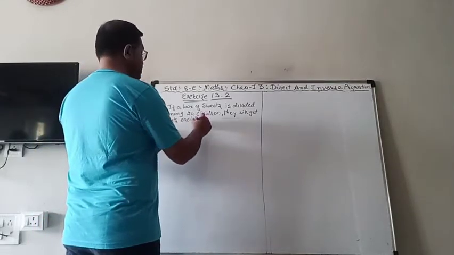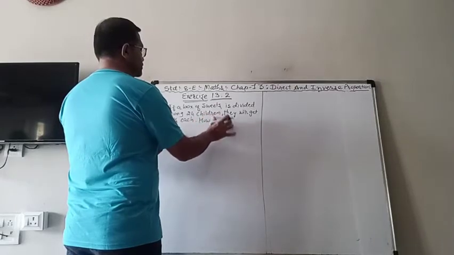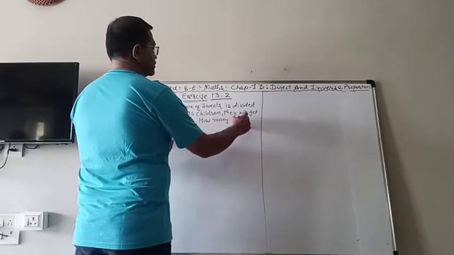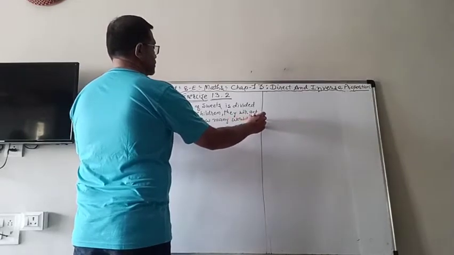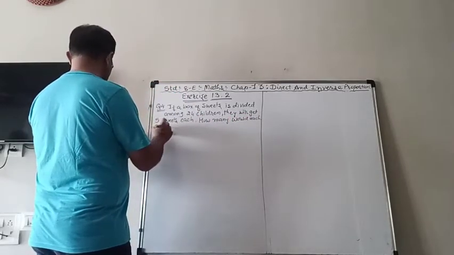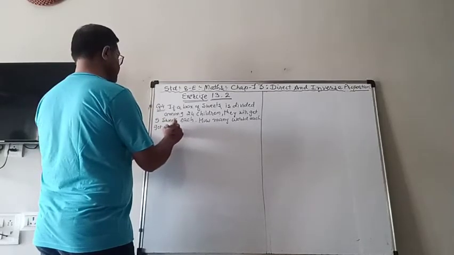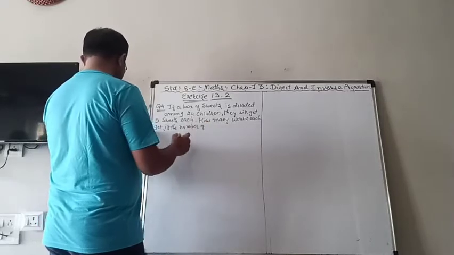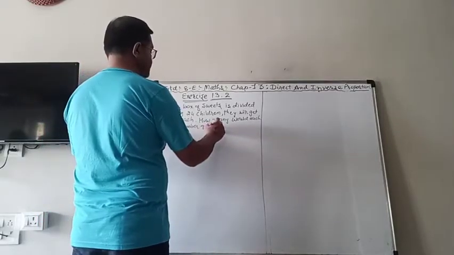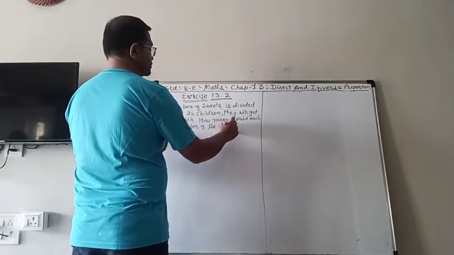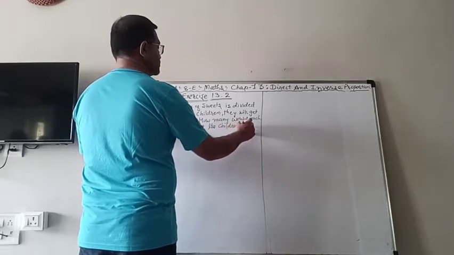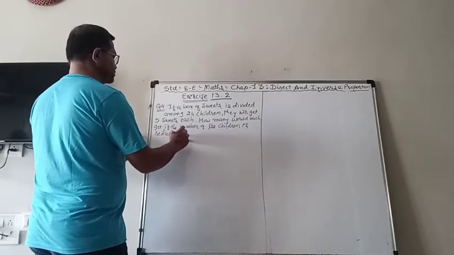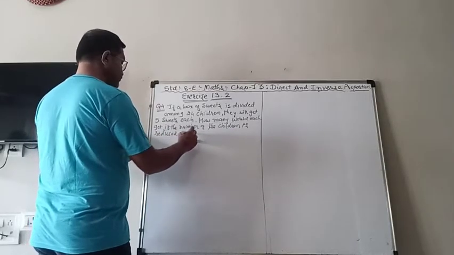How many would each get if the number of the children is reduced by 4?